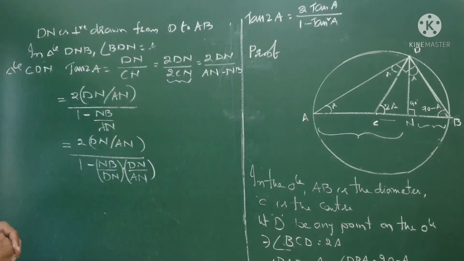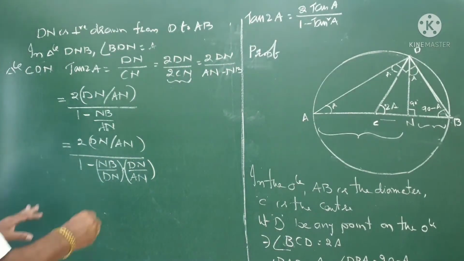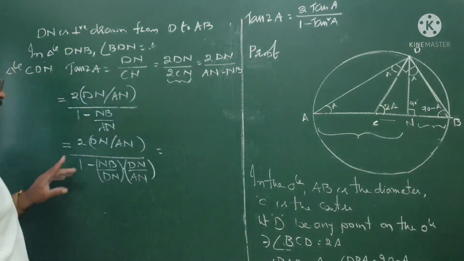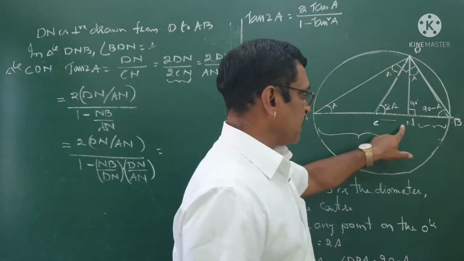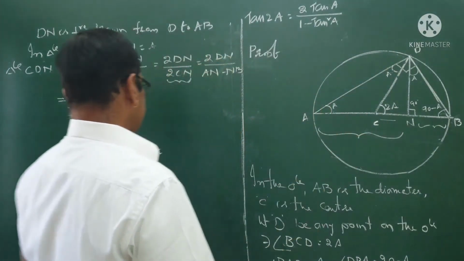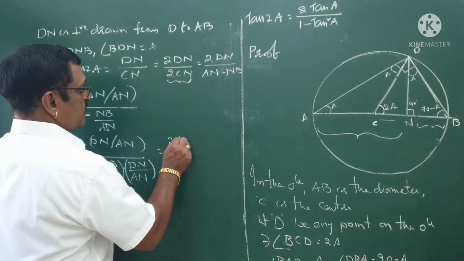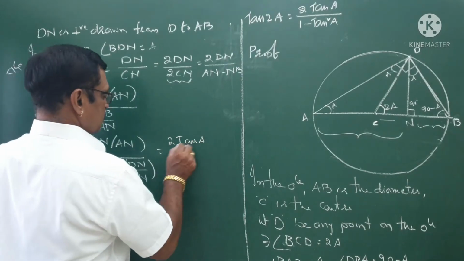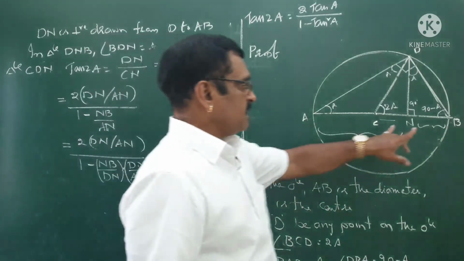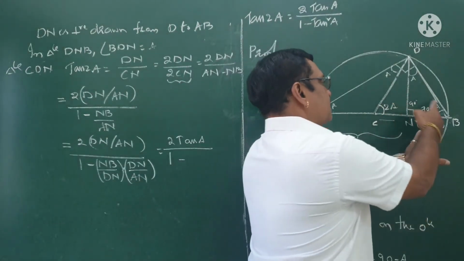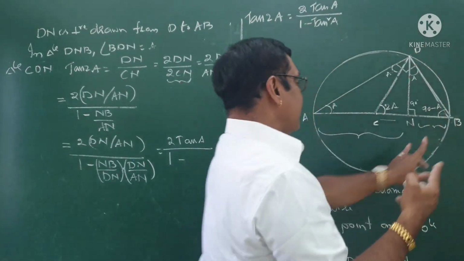Next one, NB by DN is equal to 1 by value DN by AN. DN by AN is nothing but tan A. So I got 2 tan A in the numerator by 1 minus NB by DN. NB by DN from this triangle again tan A.